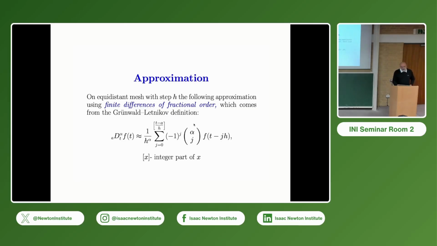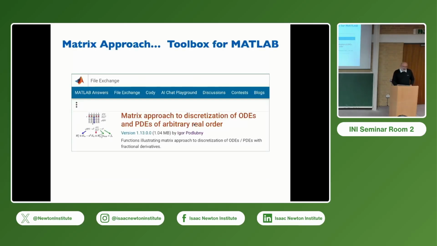So this can be developed further, and if you go to MATLAB Central File Exchange, you can find my toolbox, matrix approach to discretization of ordinary differential equations and partial differential equations of arbitrary real order, which is a better name, not fractional order, but arbitrary real order.